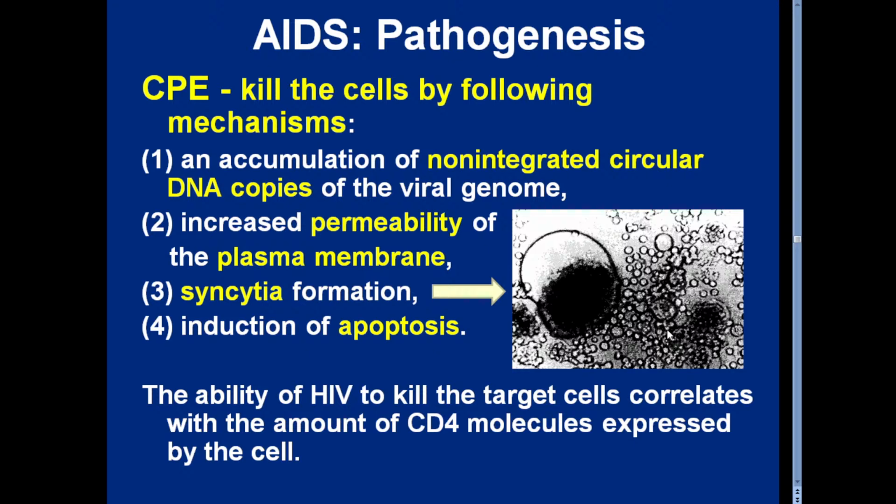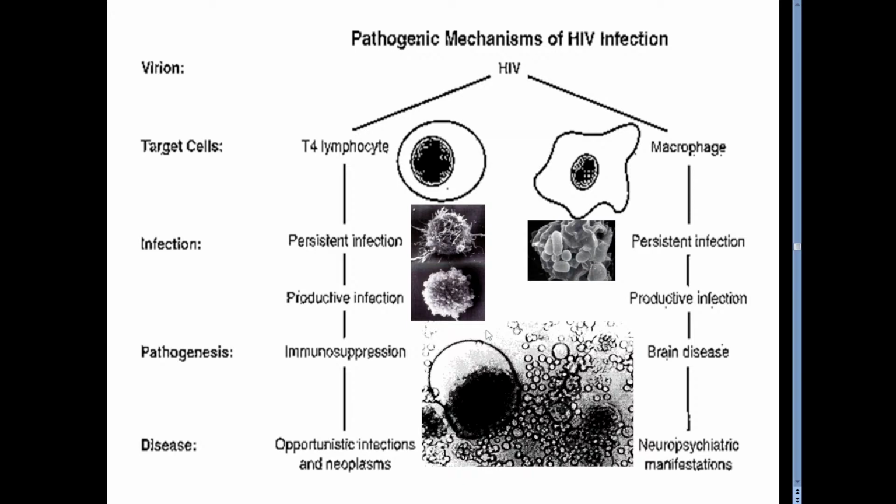And as in most viral infections, HIV can initiate apoptosis, genetic death of infected cells. The ability of HIV to kill target cells correlates with the amount of CD4 molecules expressed by the cells. On this slide we summarize the pathogenic mechanism of HIV infection.